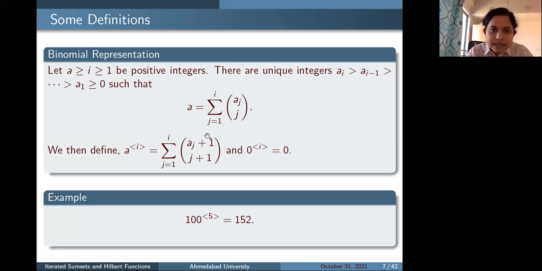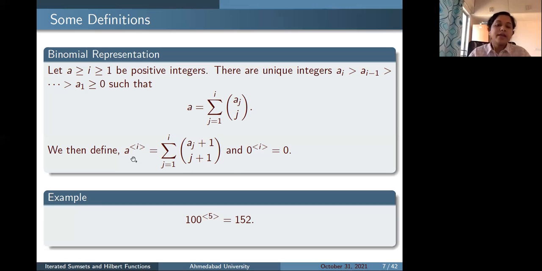This is the binomial representation. Once we have this binomial representation for a, we can define a new function, which we denote by a^<i>, and that is nothing but the summation of binomial a_j plus 1 choose j plus 1, where j is running from 1 to i.